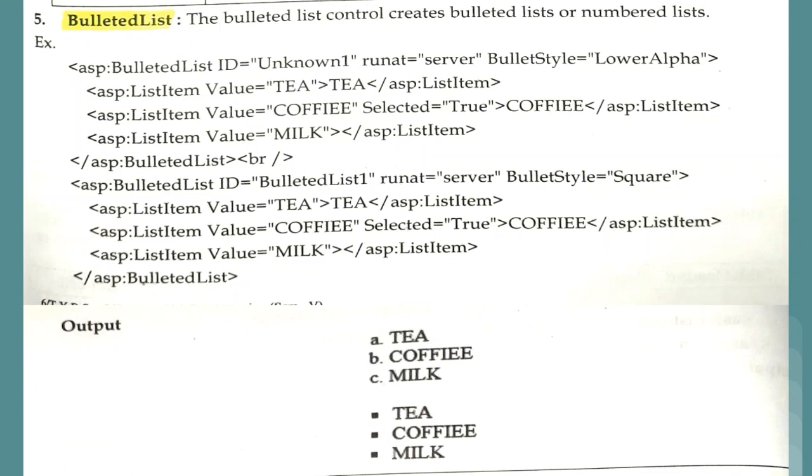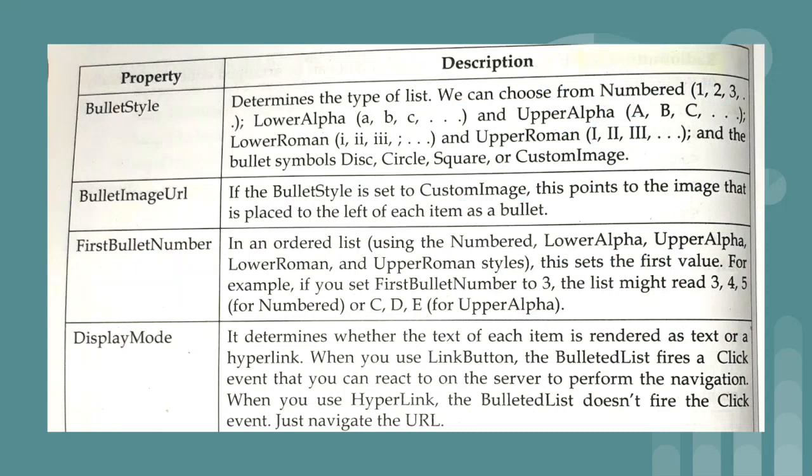Next we have bullet image URL. If you want to use the bullet list with images as bullets, first you have to set the custom image value of the bullet style property. Just select that, and then you have to insert the image for each and every item, or you can add the URL or the address of the image.